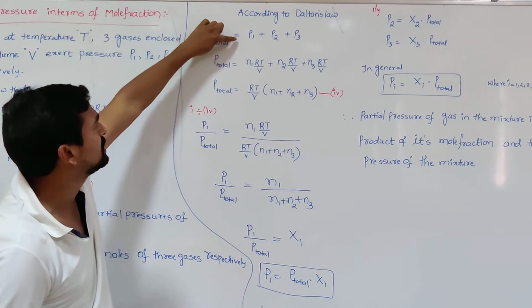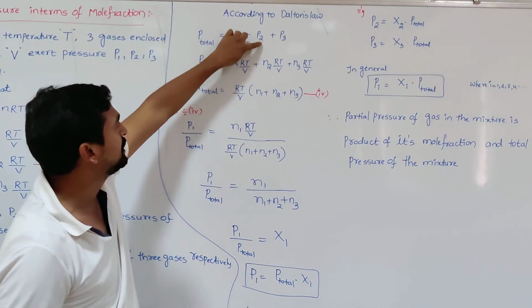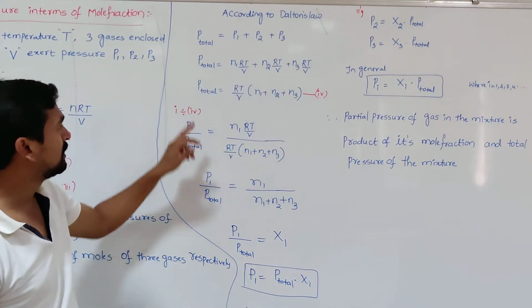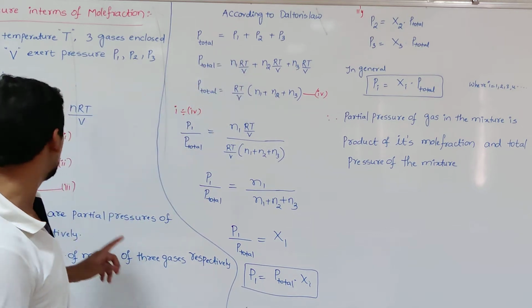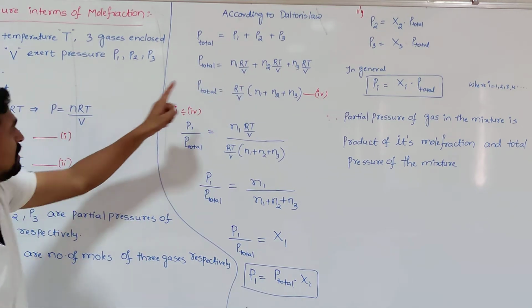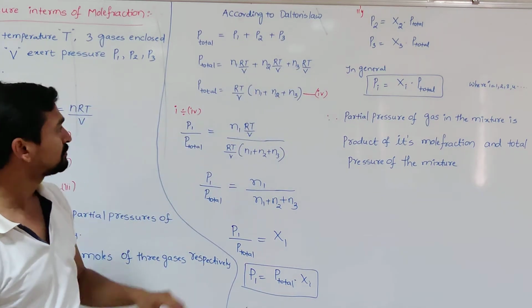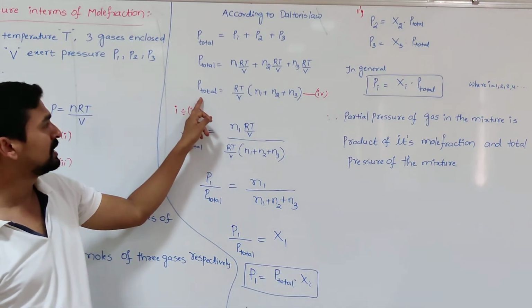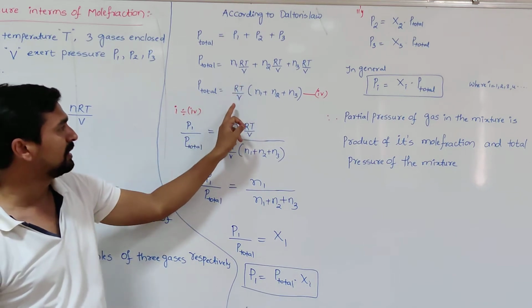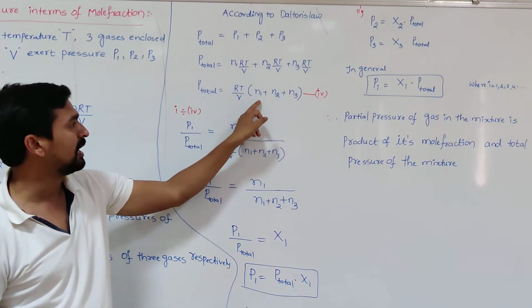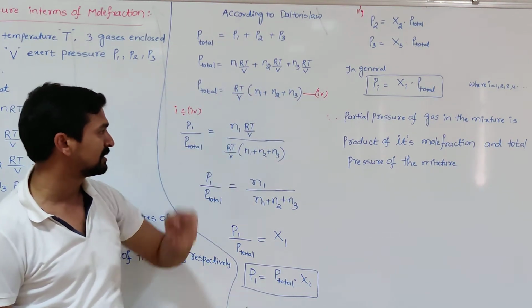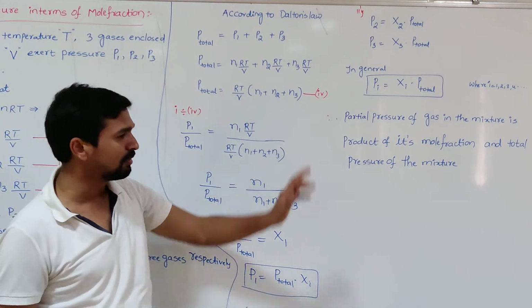That is, P total = P1 + P2 + P3. Then P total = N1RT/V + N2RT/V + N3RT/V. RT/V is common in all three, so we get P total = (RT/V)(N1 + N2 + N3). This is equation number 4.